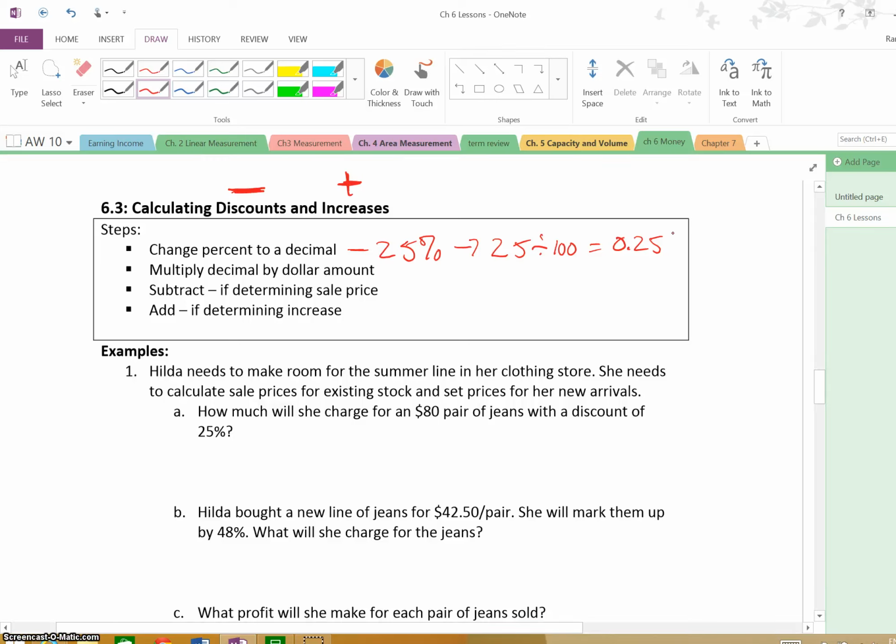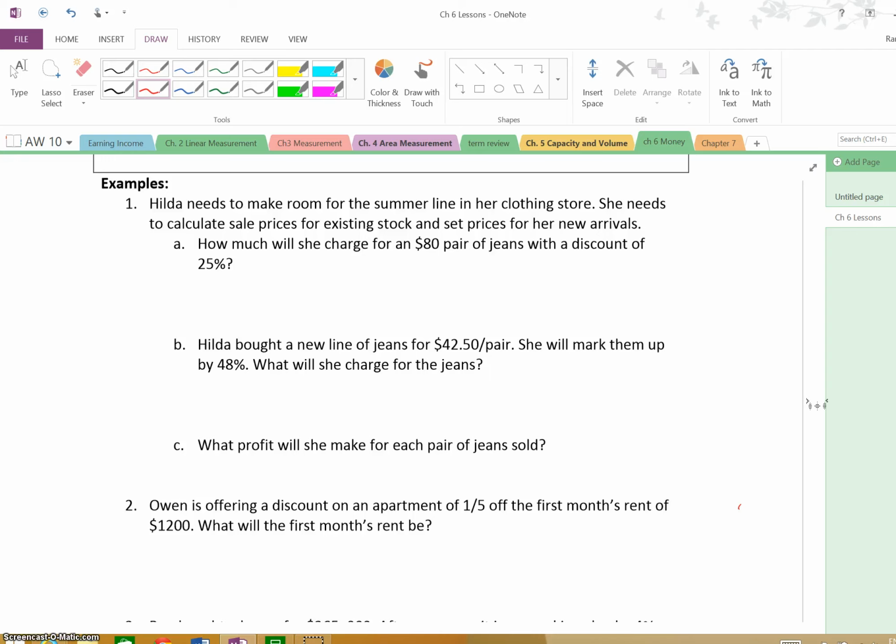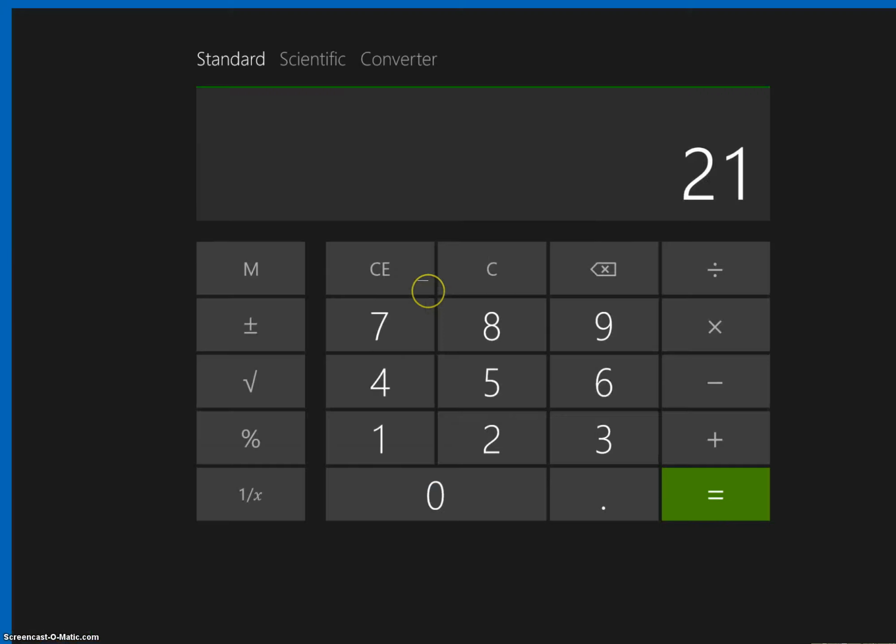So Hilda's got some jeans that she wants to sell off, and she wants to sell them with a discount of 25%. So first thing I'm going to do is take that 25% and divide it by 100, which is 0.25. Then I'm going to take the price of the jeans, which is $80, and multiply by that 0.25. Most of you already know it's $20. So that's what the discount is, $20.